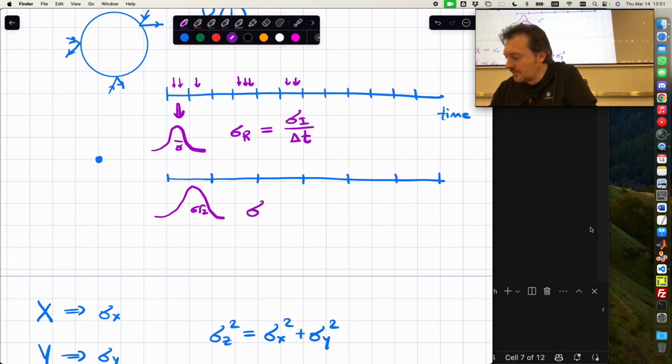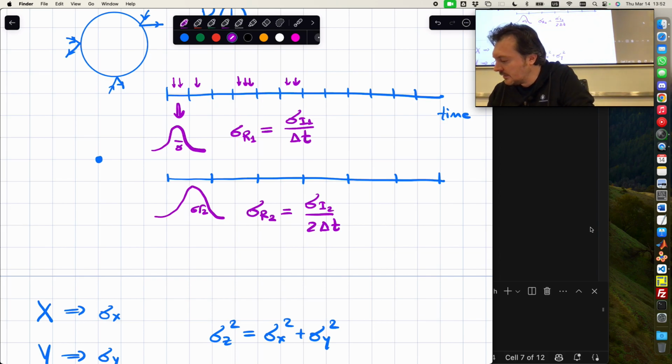Now the sigma of the force, when it's doubled, let me write it as I1, I2: sigma of I2 over 2 delta t. What does it mean? It's going to be sigma of I1 times square root 2 divided by delta t times 2.